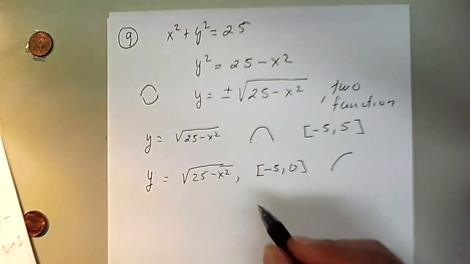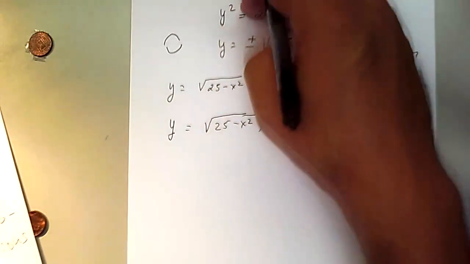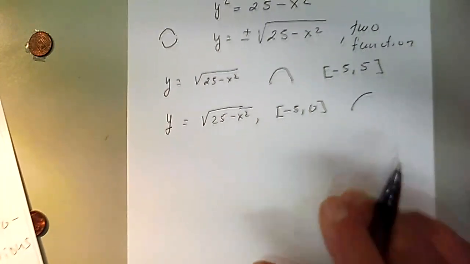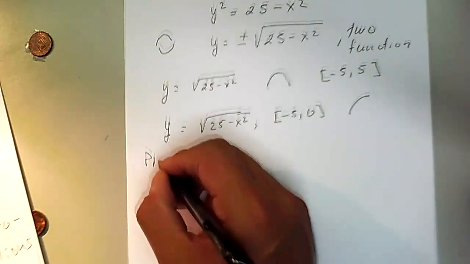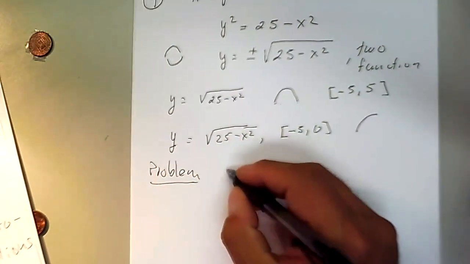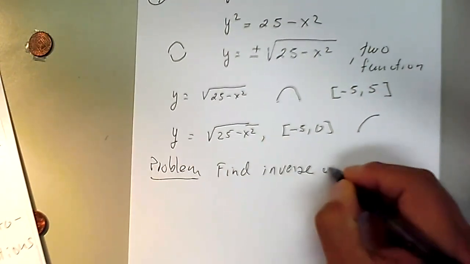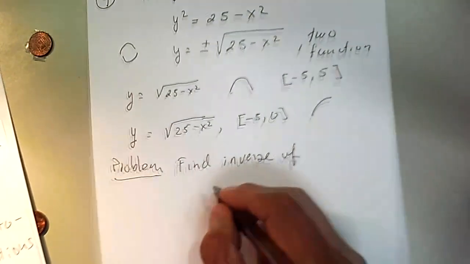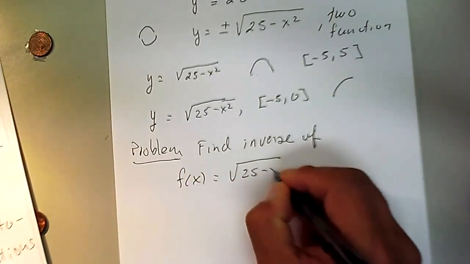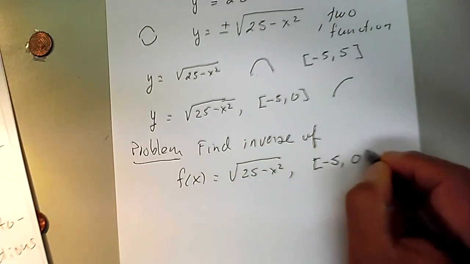It's not a bad idea to plug numbers in. So I was just explaining where the problem will come from. Here's the problem for example 9. Find the inverse of f of x equals the square root of 25 minus x squared, from -5 to 0.